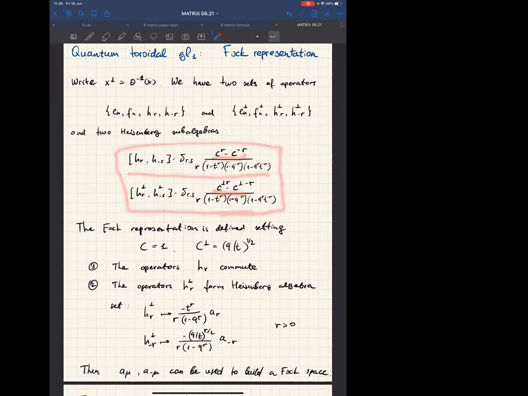So now I would like to focus on the Fock representation. In this representation, I'm taking C to be equal to 1 and C perpendicular to be equal to the square root of the ratio of Q and T. When we do that, we immediately notice that this Heisenberg algebra becomes commutative, and this Heisenberg algebra remains non-trivial.